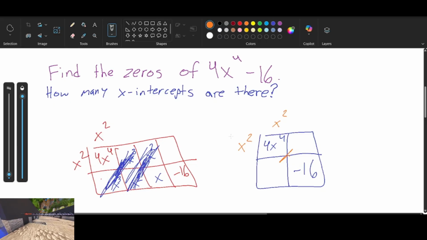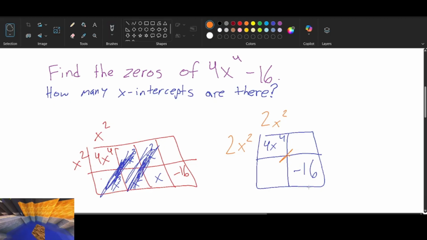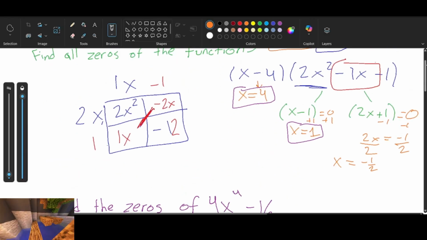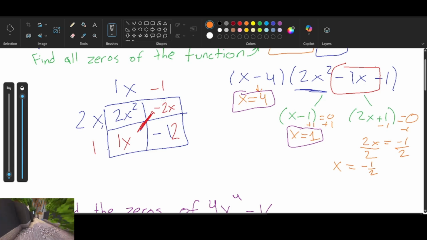So I'm just going to assume that these are 2's multiplied with both of these numbers. Again, that assumption is only because I know that these add up together. I mean, I know on our previous problem, we knew that these diagonals add up to a negative 1x.